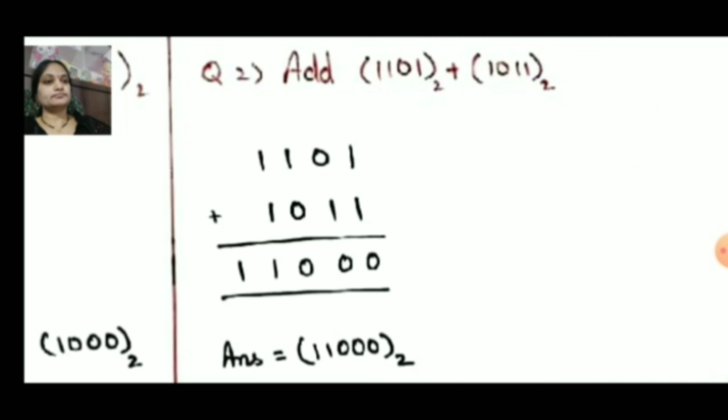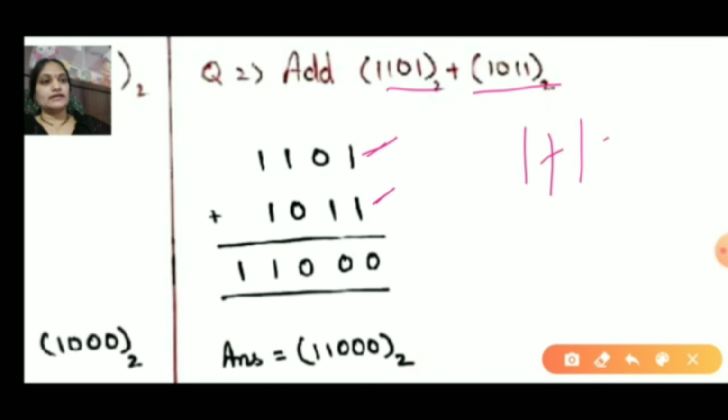Now add these two numbers. Okay, write like this. Now add this 1 with 1. So 1 plus 1 is equals to 1 0. So now you have to write this 0 here and 1 here.